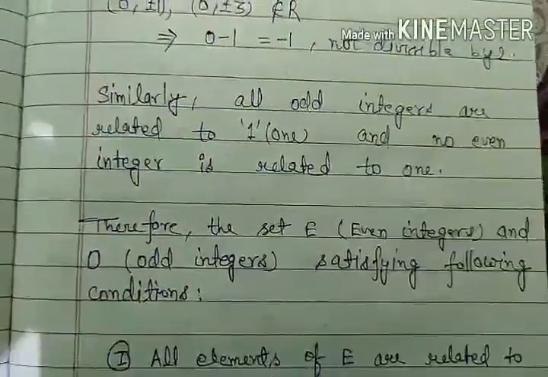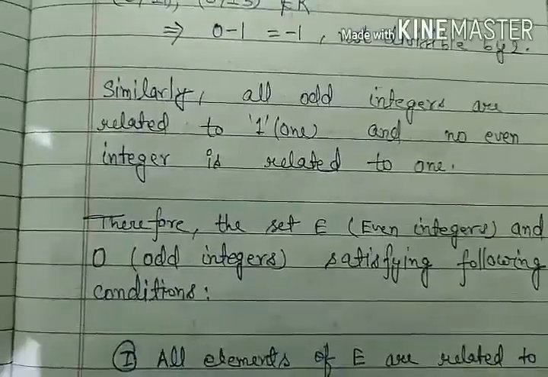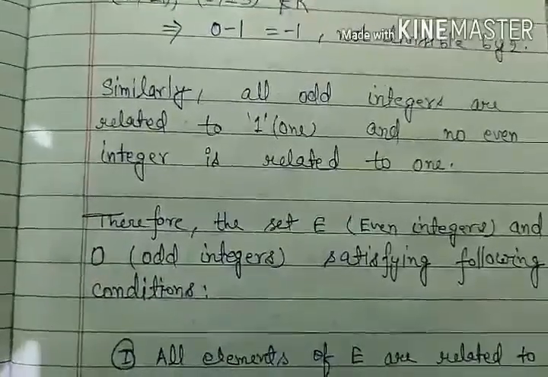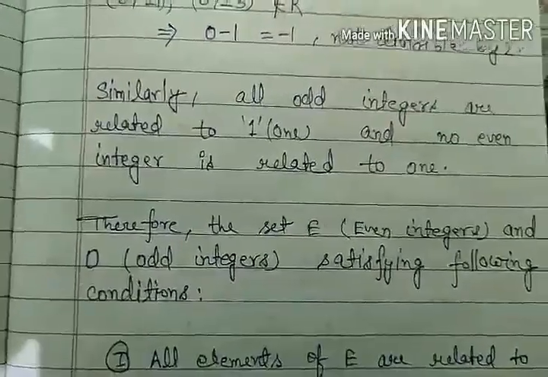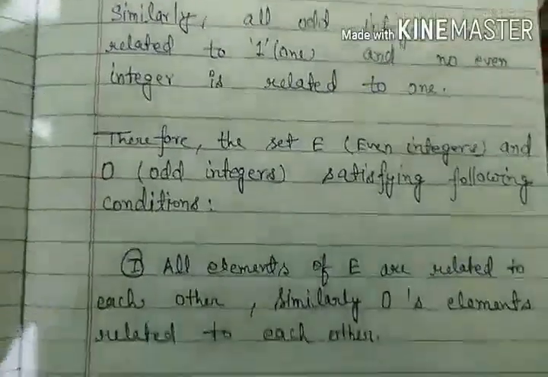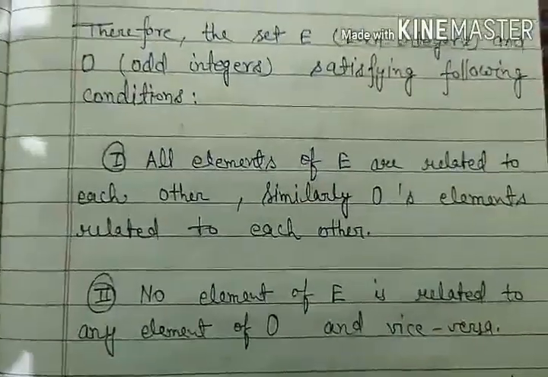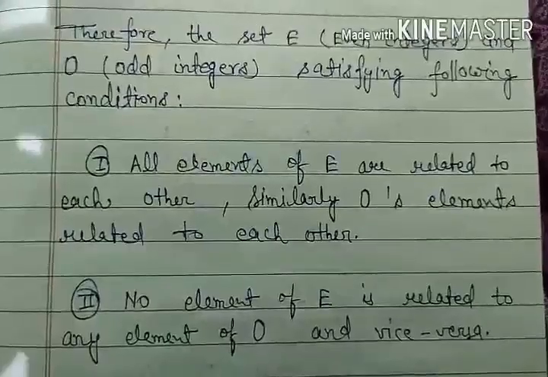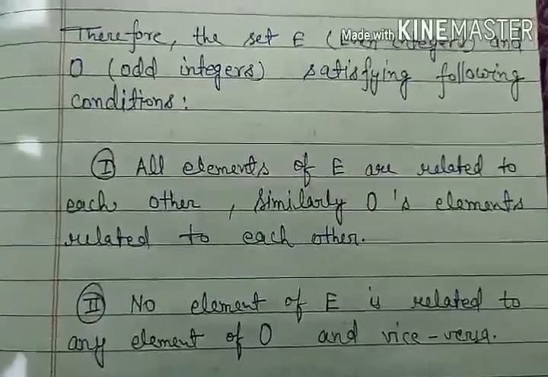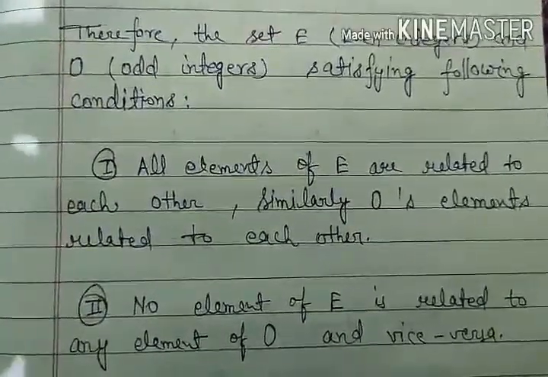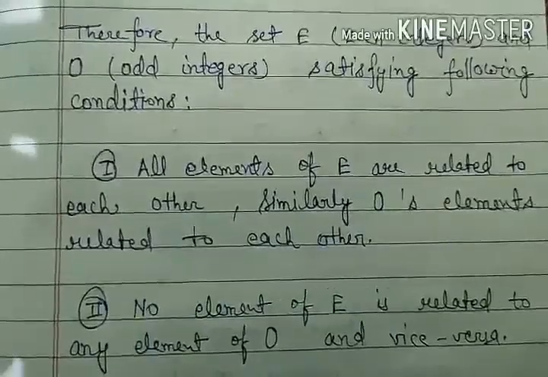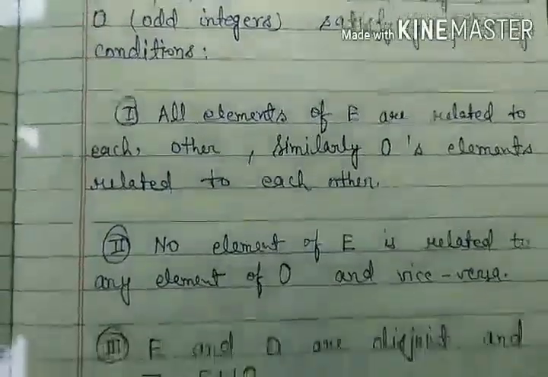Therefore, the set E of even integers and O of odd integers satisfy the following conditions. First, all elements of E are related to each other. Similarly, all elements of O are related to each other.